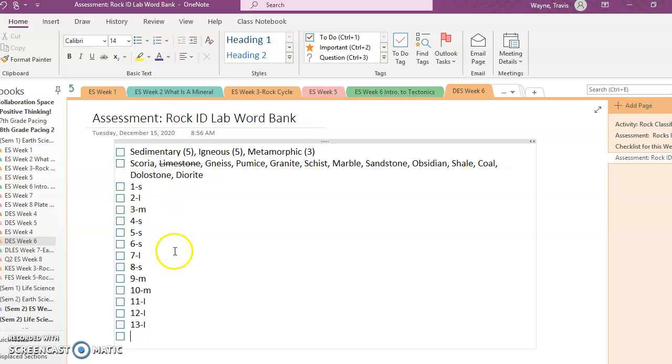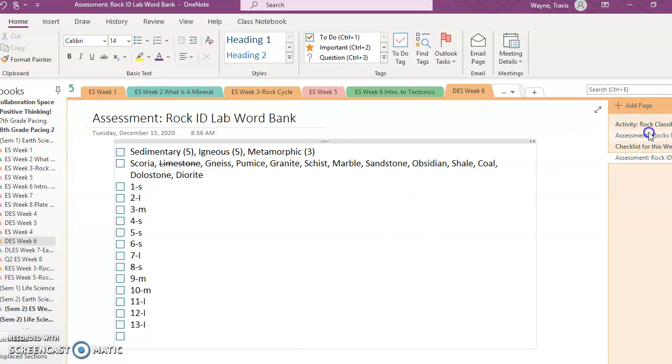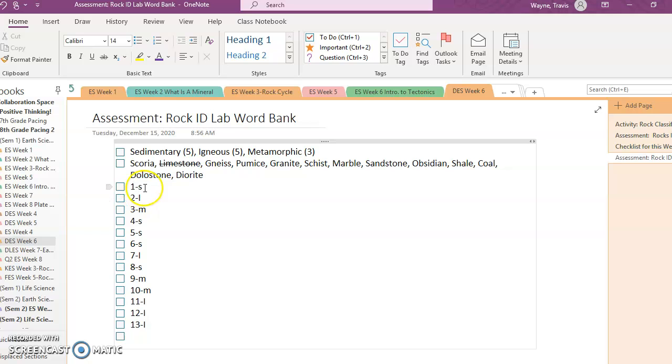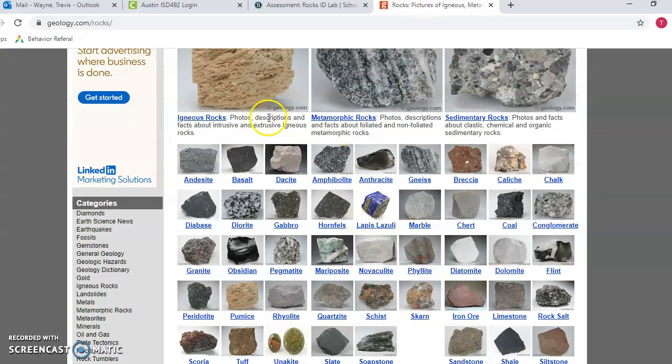So I would say pause the video at this time and copy down this information into the middle column here. Notice how number 1 is sedimentary. So you can fill in that middle column. Then from that information, you should be able to use this website and determine what rock you are using.